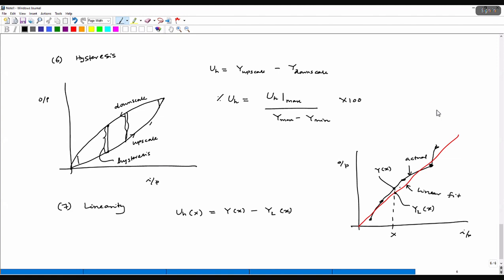Because this is where the vertical line is crossing the linearity curve.